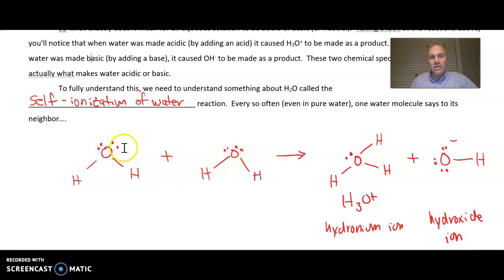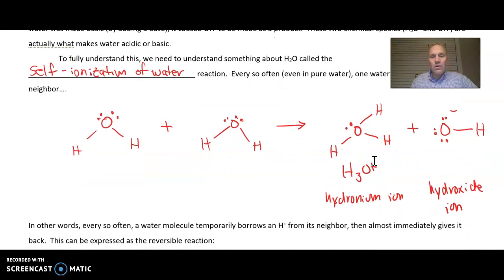This electron pair is capable of picking up an H plus, and the electron pair in this bond right here is capable of going back onto that oxygen. So this water molecule, if it temporarily accepted that H plus, would become H3O plus, and this water molecule, when it temporarily lost that H plus, would become hydroxide.